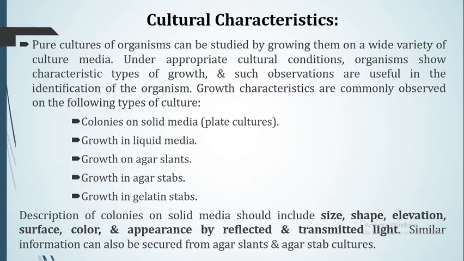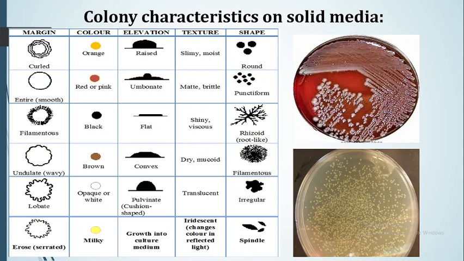Growth characteristics are commonly observed on the following types of culture: colony on solid media, that is plate culture, in liquid media, on slant culture, by stab culture, or in gelatin stab. Description of colonies on solid media should include size, shape, elevation, surface, color, and appearance by reflected and transmitted light. Similar information can also be secured from agar slant and agar stab cultures. So these are the cultural characteristics.